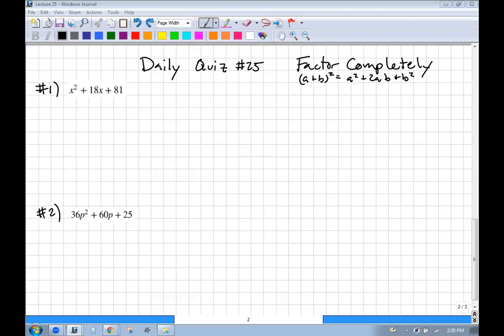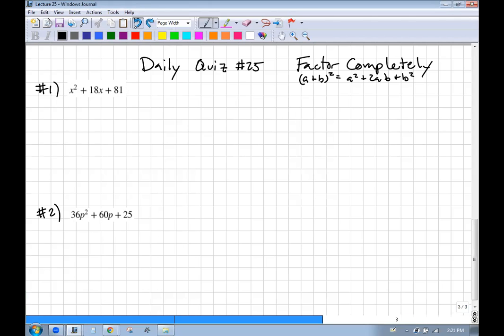All right, class. Let's see here. If we're going to use the perfect square method, first we have to acknowledge that this is a perfect square and this is a perfect square, right? We have the x squared, and 81 is 9 squared. So if you recognize these as perfect squares, you ask yourself, well, does this look like that? Because if it does, then this whole thing is a perfect square.